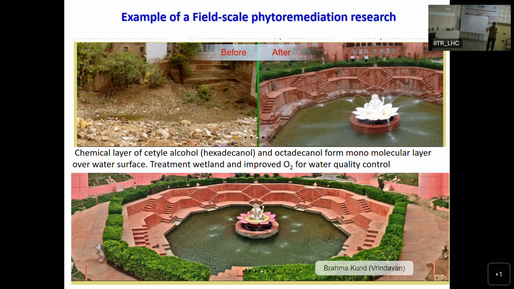But when they started operating this sprinkler, the dissolved oxygen level was increased, but at the same time the operation cost was high. So we suggested they operate this during the early morning or maybe late evening, for some hours only, not continuously. So that is how, to some extent, the water quality was improved.